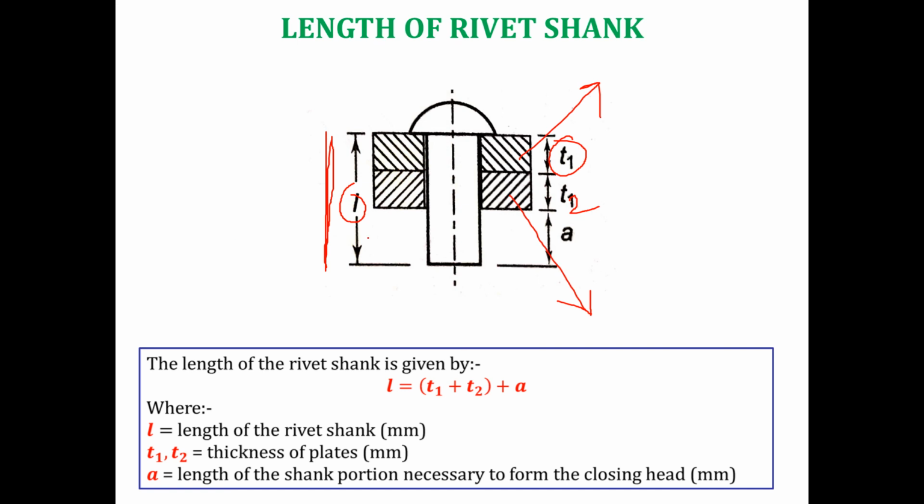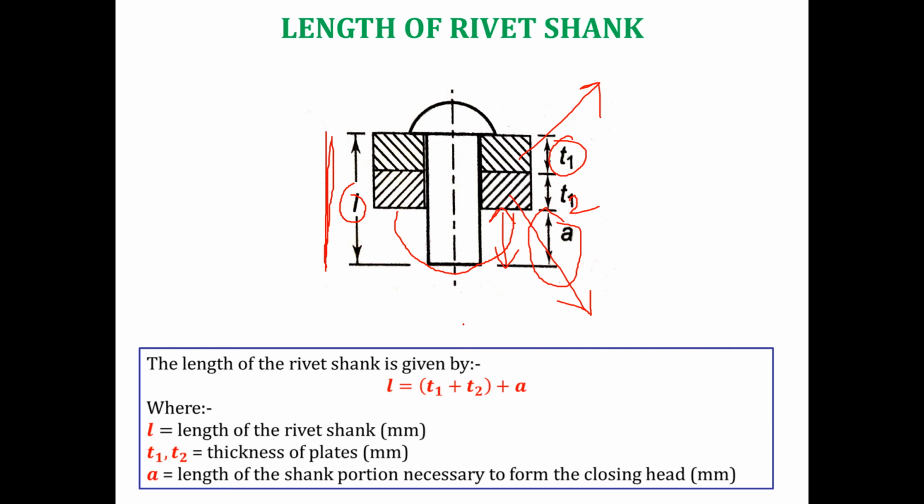You need to determine the total length of the shank portion of the rivet when you have joined these two metallic parts with the help of this rivet joint. So what is this A? A is the length of the shank portion which is necessary to form the closing head of the rivet. A is the leftover portion of the shank necessary to form the closing head.